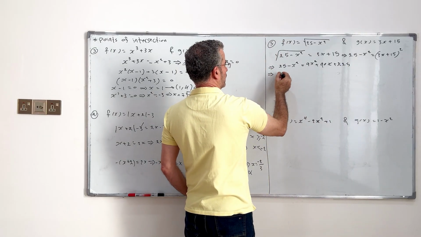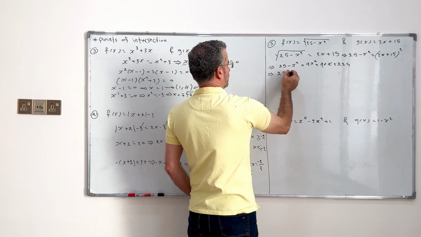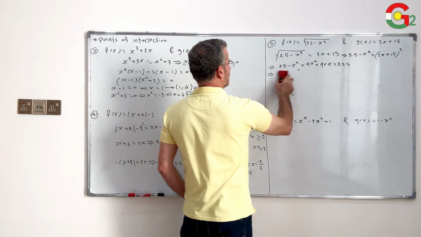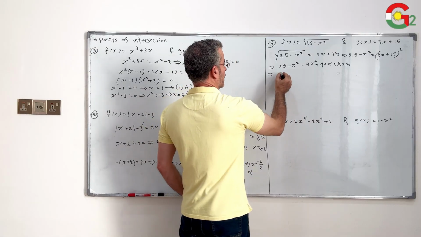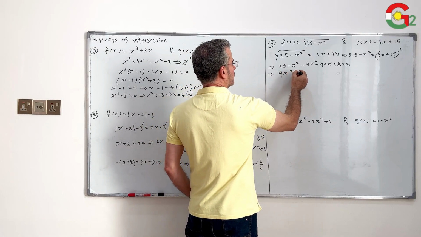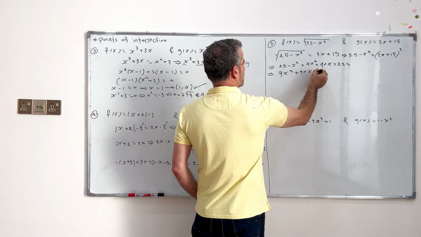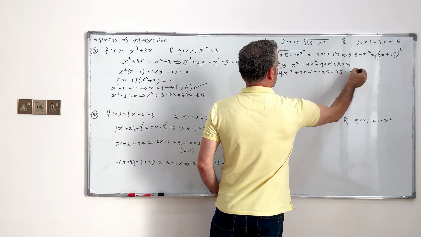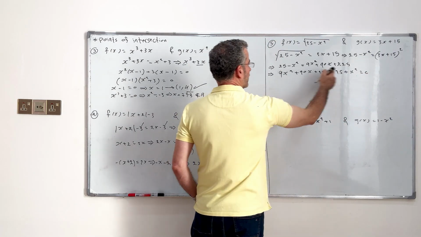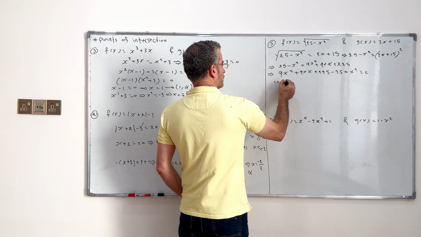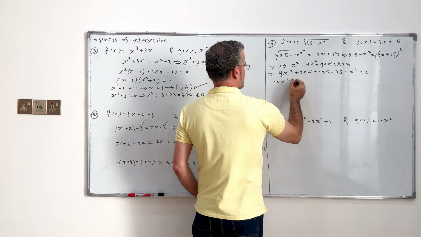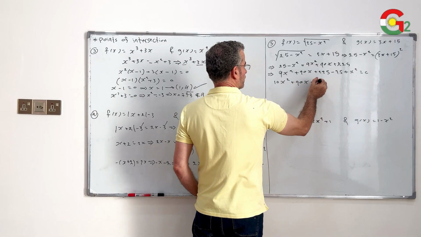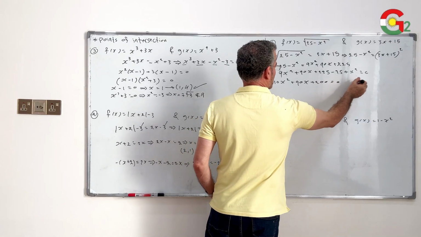Then take all terms to one side. 25 minus x squared, take it to the other side: 9x squared plus 90x plus 225 minus 25 plus x squared equal to 0. 9x squared with x squared, 10x squared plus 90x, 225 minus 25 is 200, equal to 0.